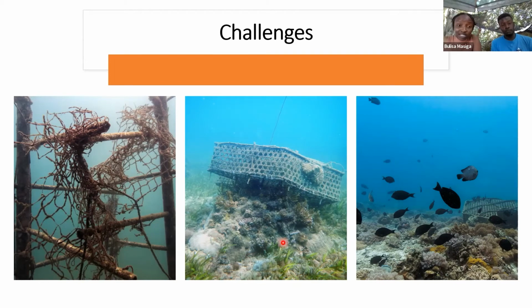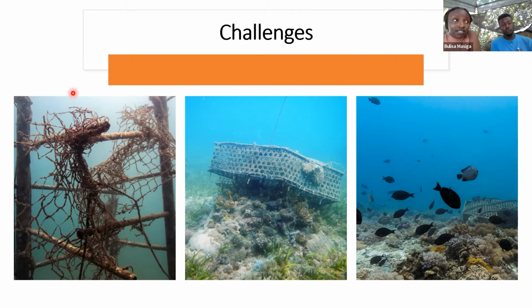One of the challenges is that in this channel where we do the restoration, fishing is allowed. Fishermen can fish in this area, but sometimes the basket traps that they use to fish are placed on top of these corals, or sometimes they get pushed and come on top of the coral. When a basket trap is on the corals, it prevents them from getting all the necessary conditions to thrive.